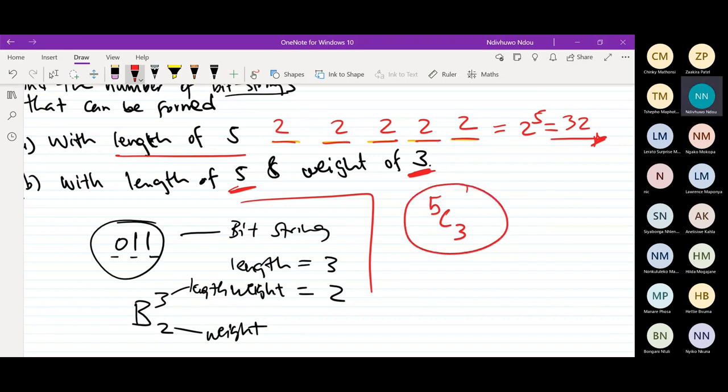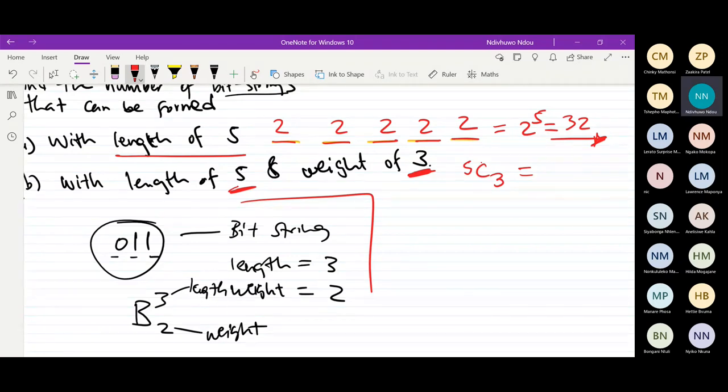So this will give you how many different combinations of the 3 ones can be selected and arranged and swapped from a bit string of 5. So that will be 5 choose 3, and we can just punch it on the calculator.